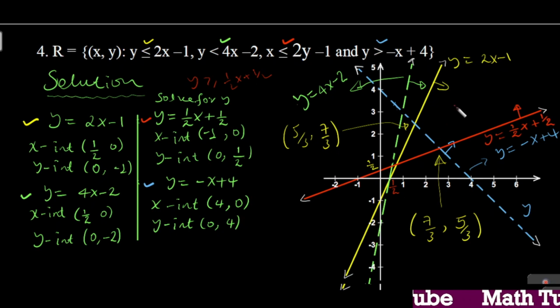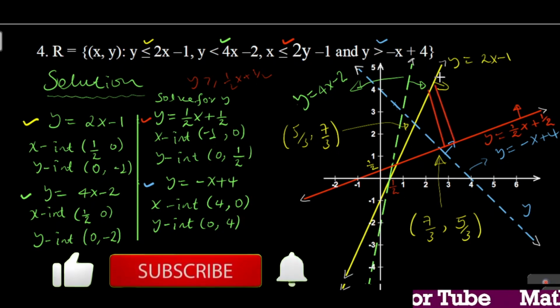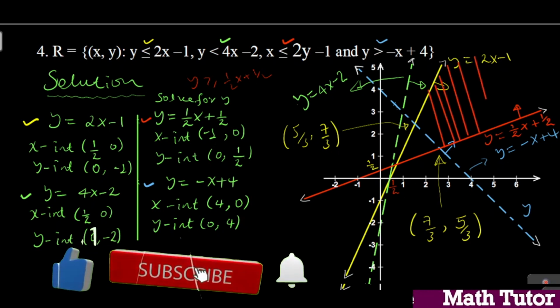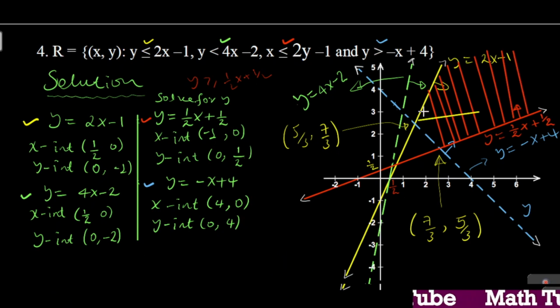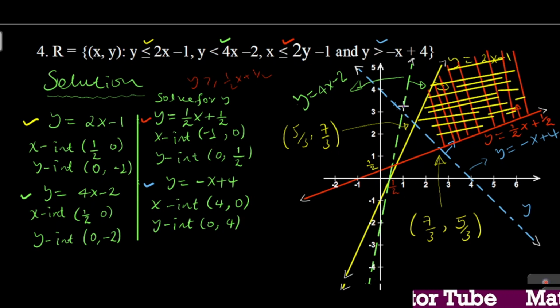So where is our region, or the ordered pairs that satisfy our relation? Can you guess? Now I will shade. Now the shaded part is this one.